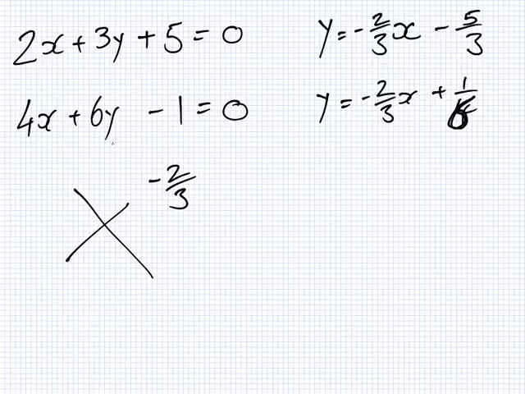If this slope was minus 2 over 3 and this line is perpendicular, what should its slope be? 3 over 2, yeah. So you flip it upside down and you change a minus to a plus or a plus to a minus. And this is what you were saying earlier about the reciprocal.